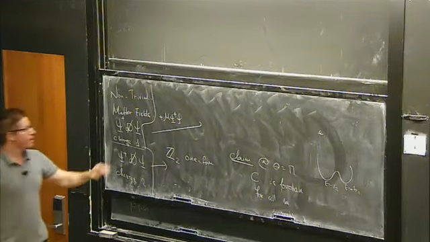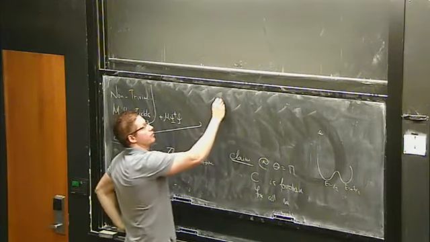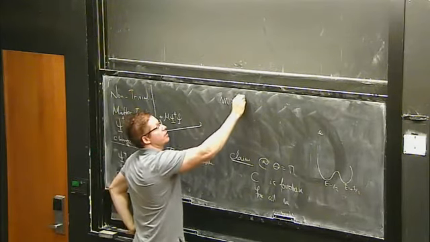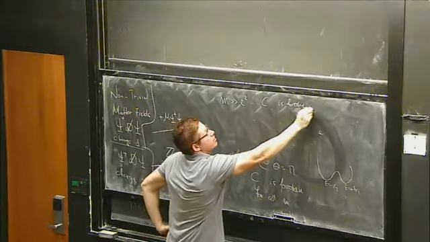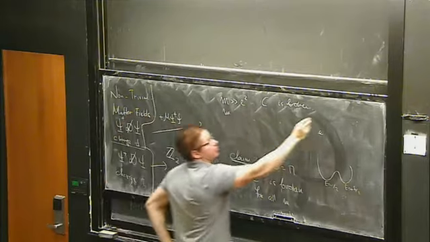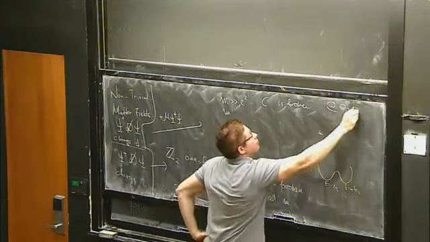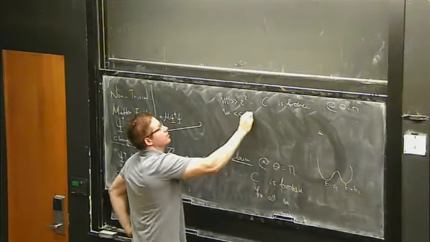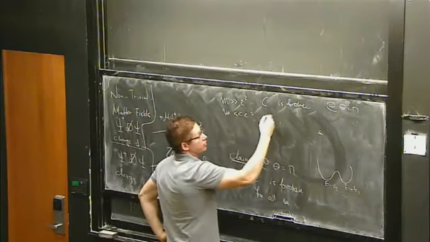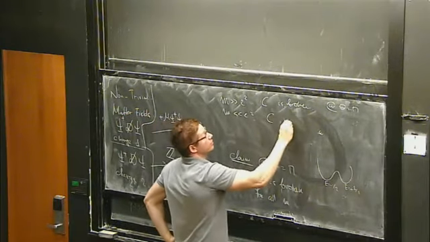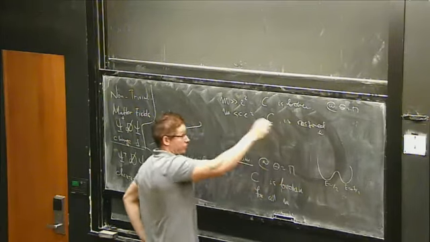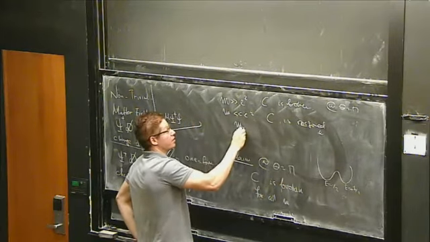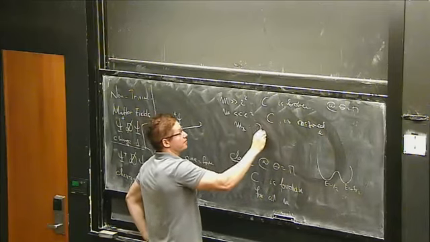In this case, in fact, for a large m, charge conjugation is broken at theta equals pi. And for small mass, charge conjugation is restored, and there is an Ising transition, a 2D Ising transition between the two cases. So there is some m star where there is a 2D Ising model. It's a second order transition.